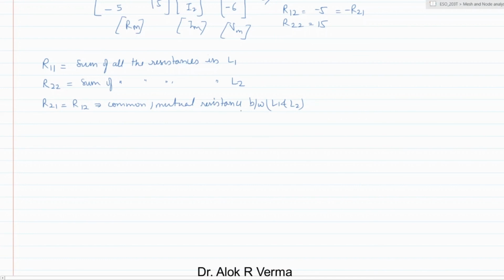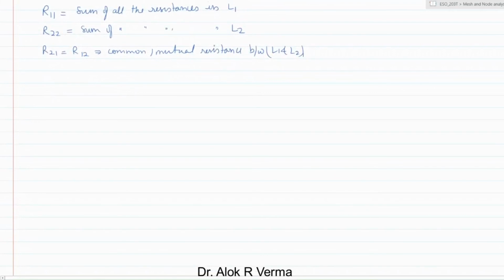So now I'll take one example and write it directly for a bigger circuit. Let us consider one more bigger example. This time we'll try to write the direct matrix form. So we have one resistor here, suppose one here and then one here, and this is how they are connected.